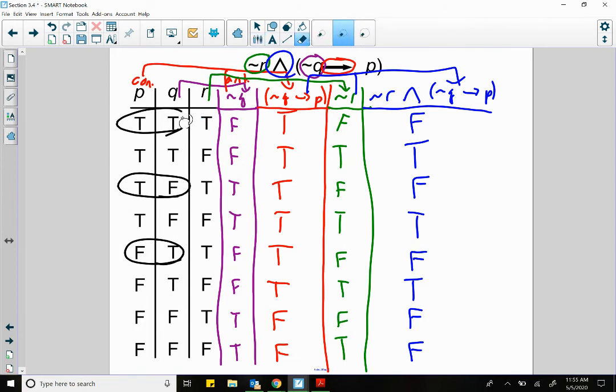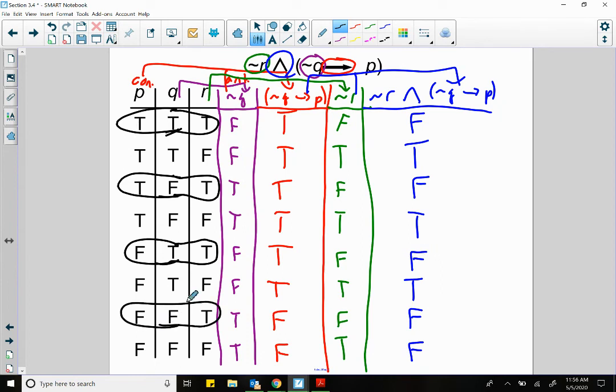There's actually 3 statements here. I don't know why I'm only circling 2. Silly me. So if P is true, Q is true, R is true, that's a false statement. If P is true, Q is false, R is true, that is a false statement. If P is false, Q is true, R is true, that's a false statement. And then the last 2, P false, Q false, R true is false. And if all 3 statements were false, you end up with a false answer.